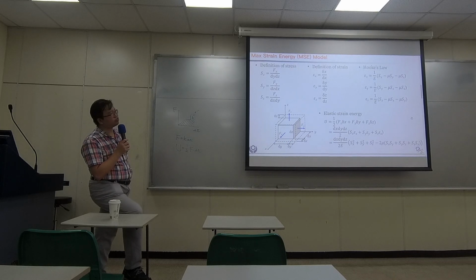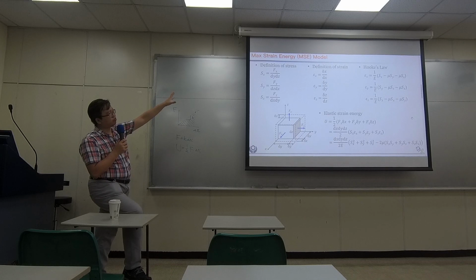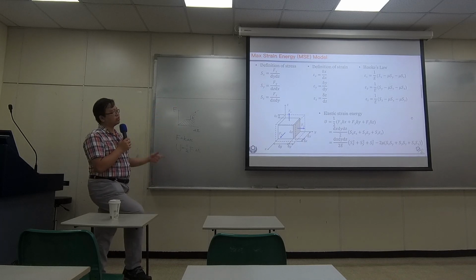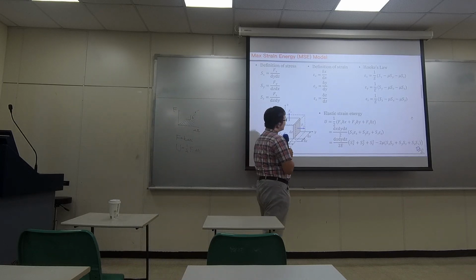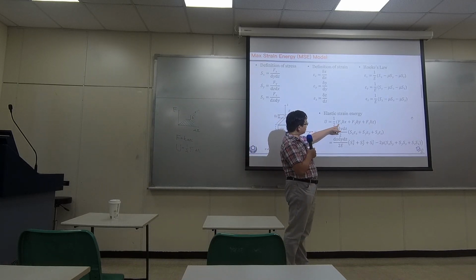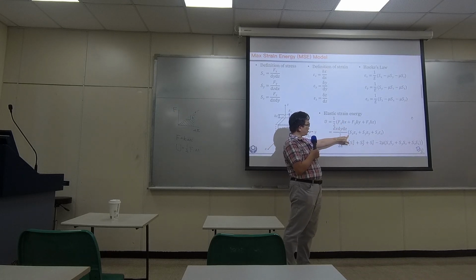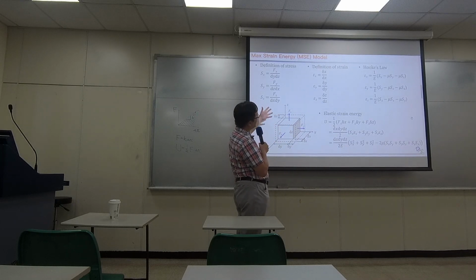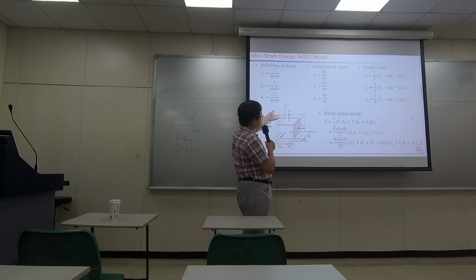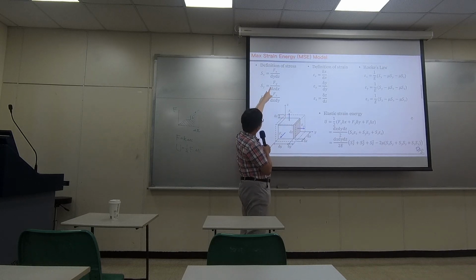Now, all we need to do right now is to substitute some of the equations that we derived earlier into this new equation. The way we are trying to do it is to eliminate F and delta, and replace them by stress and strain. You realize you can easily do it by just replacing terms. Fx is going to be sigma x times dy dz.